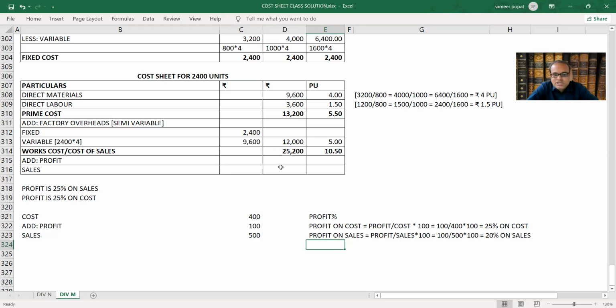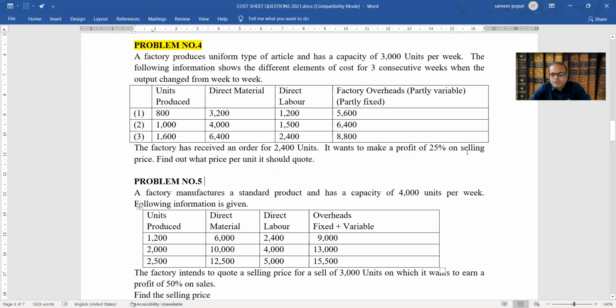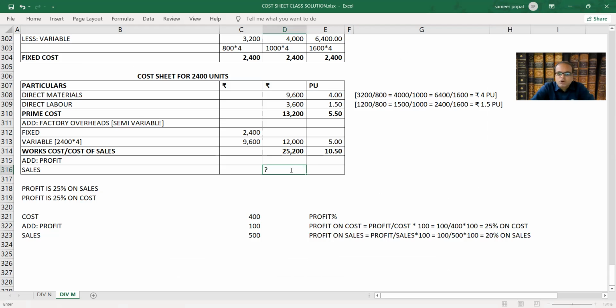Now, in this sum, just tell me, do we have the sales amount? No, sir, it is not there. The profit given in the sum is 25% on selling price. That means 25% on sales. Now sales is not known, so we cannot find profit, because unless we find sales, we cannot find profit here.